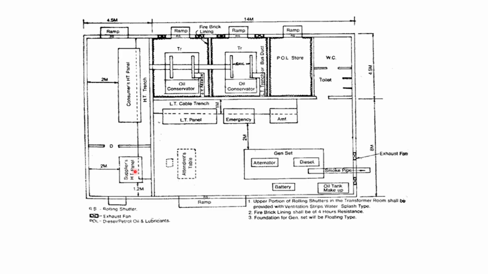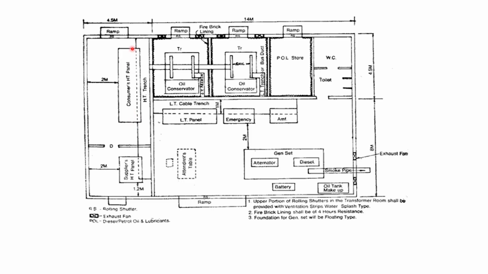From here we go to the ST panel. The ST panel may consist of several panels, equal to the number of transformers, that is 2 transformers and 1 incoming. So this will occupy space for 3 panels, each of 800 mm.